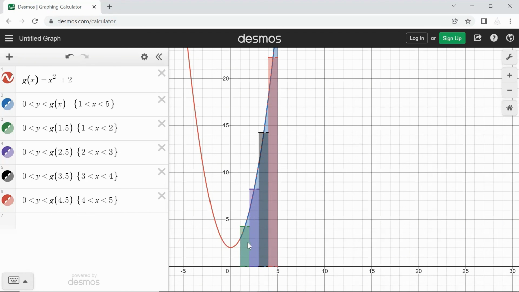And when you add up the areas of the rectangles, you get an approximate value for the area under the curve, or the signed area, along the interval that we're determining it on.